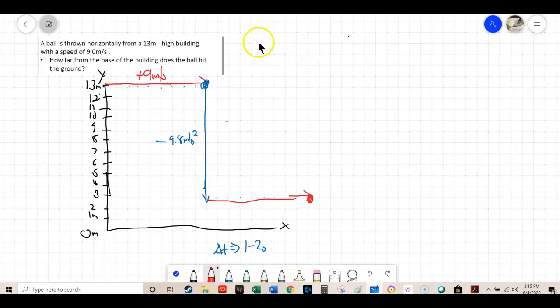So let's list out what we're given, right? It's going to fall 13 meters. For y direction stuff, I'm going to use blue, okay? And I'm going to consider t as the median. So I'm trying to list out what is going to be happening here. I'm going to write what we're given. It's got a delta y.